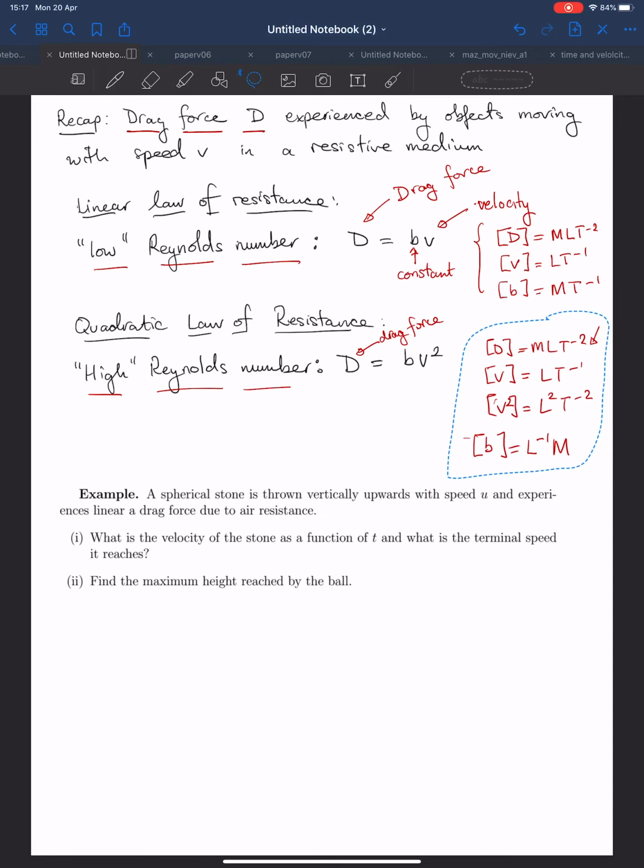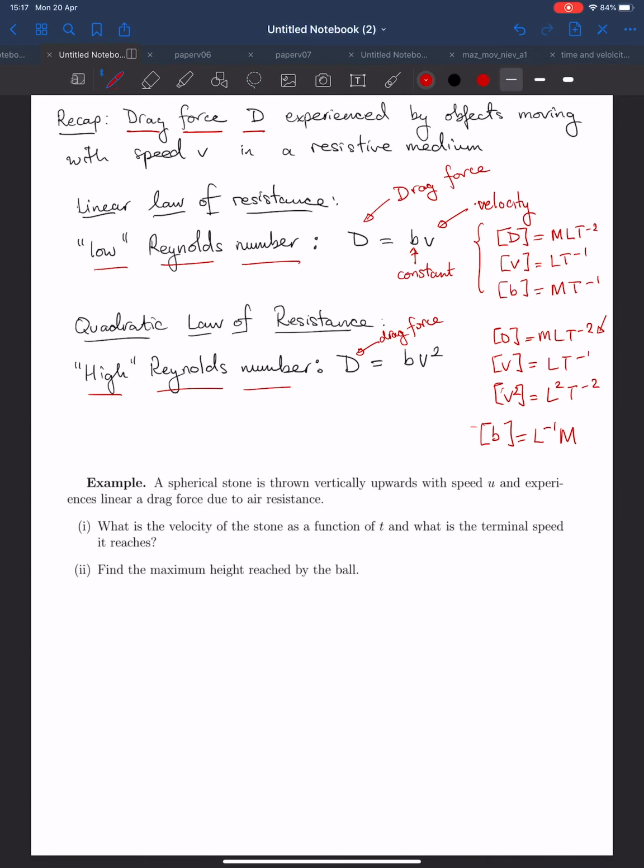Here I did this quite quickly and off the top of my head, but really you can do the same if you just get proficient with the methods we learned there. So I'm just rewriting this again. You can see that the constant in the quadratic law of resistance is different.